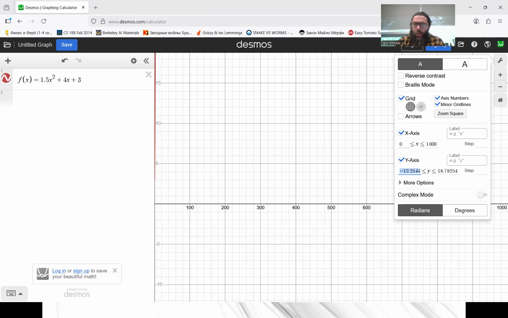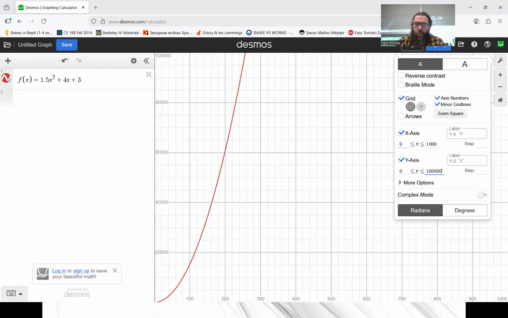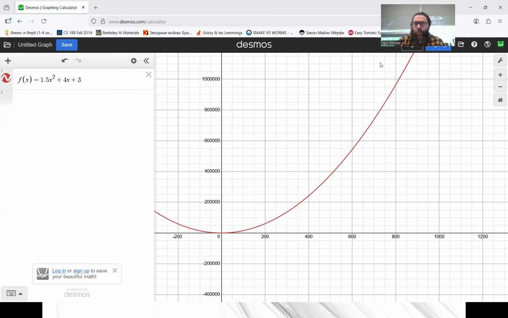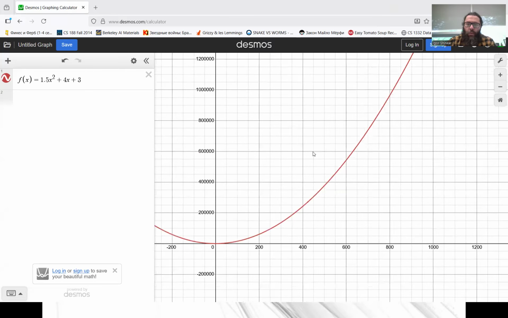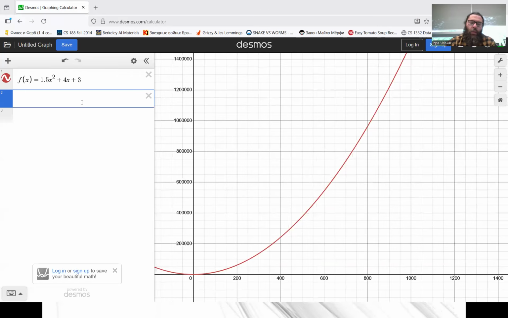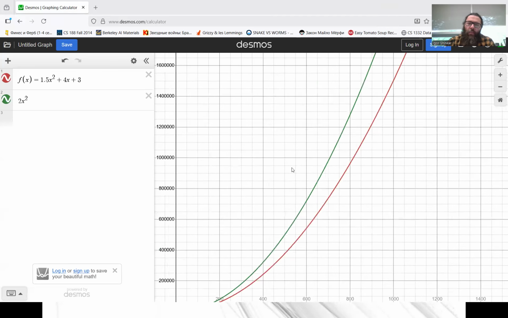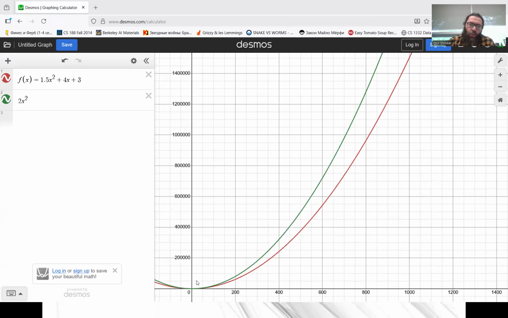I don't know, 1,000, let's say. Okay, so this is our f. And if we take something like 2x squared, then it's always above, not always. Okay, so if we look at really small values of n, maybe it's not true.